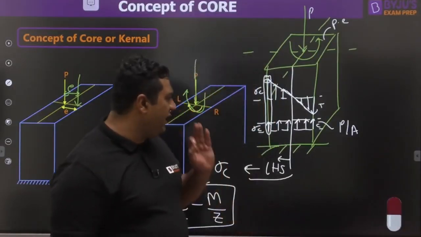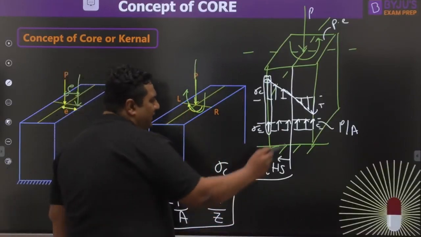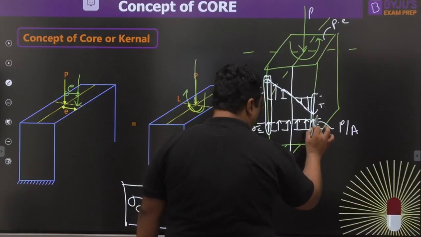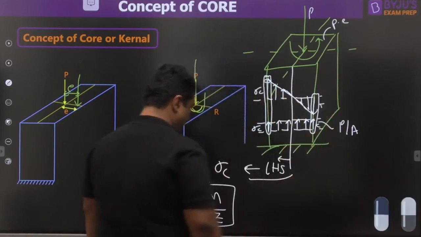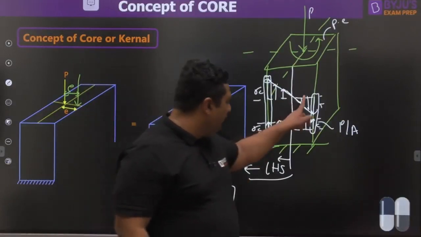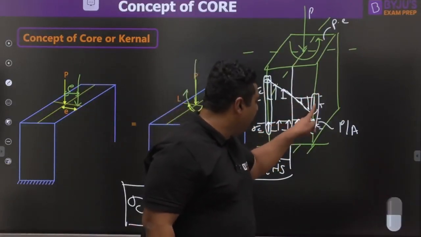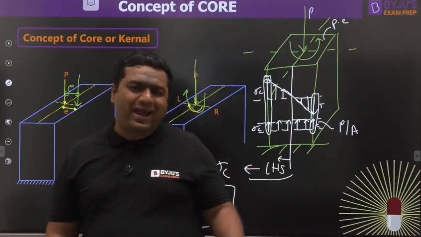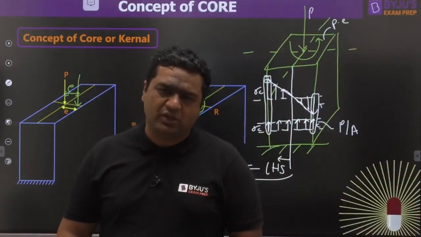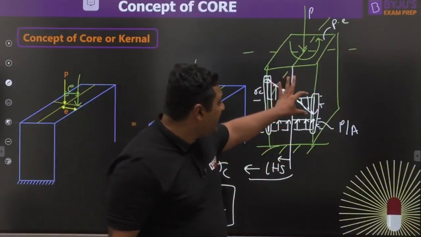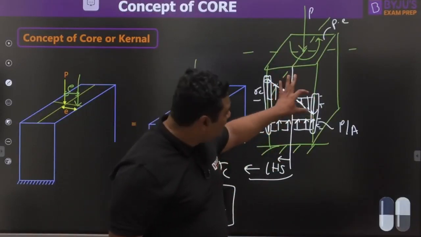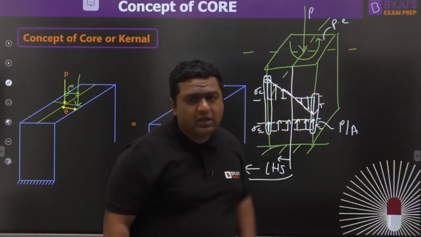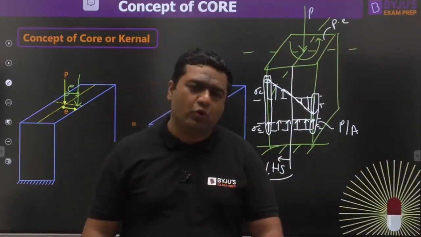So if we guarantee that in this extreme fiber, when tension is maximum, because you know in bending the outer fibers have maximum stress, if we can save this fiber from getting tension, the entire column will never be in tension, because this is the fiber where tensile stress is maximum. So if this tensile stress is nullified by this compressive stress, we will never get any tension in the column, my dear.